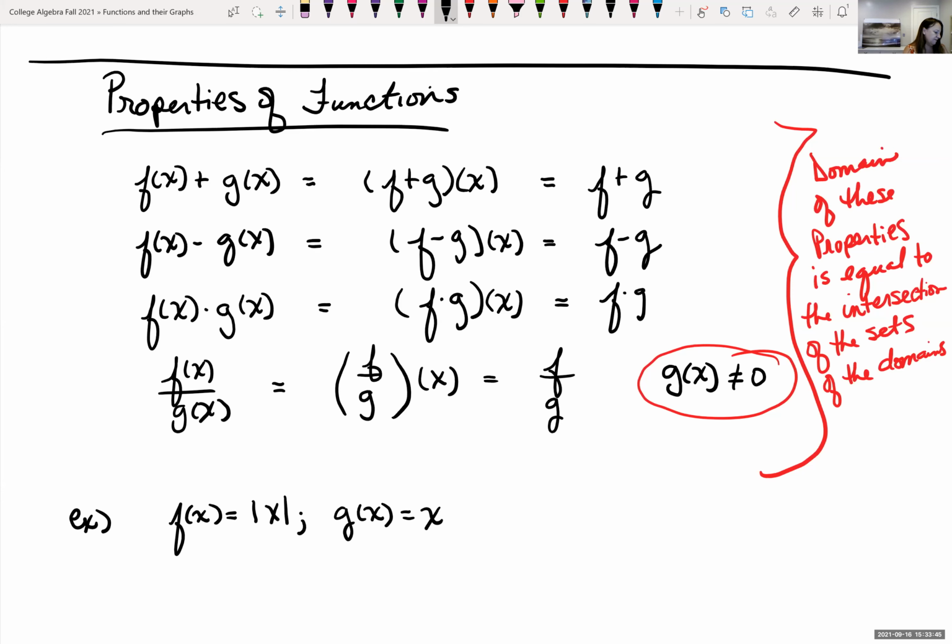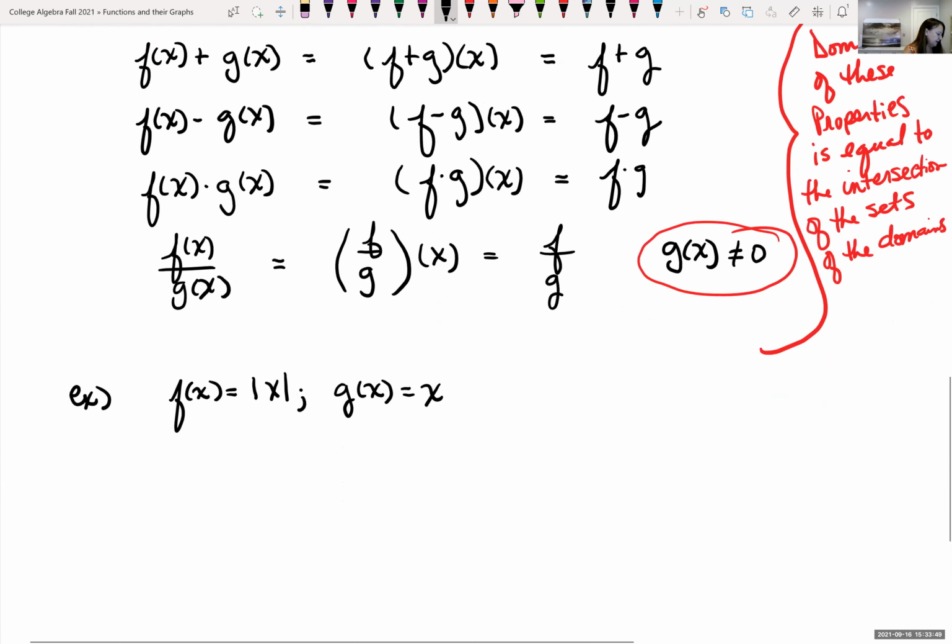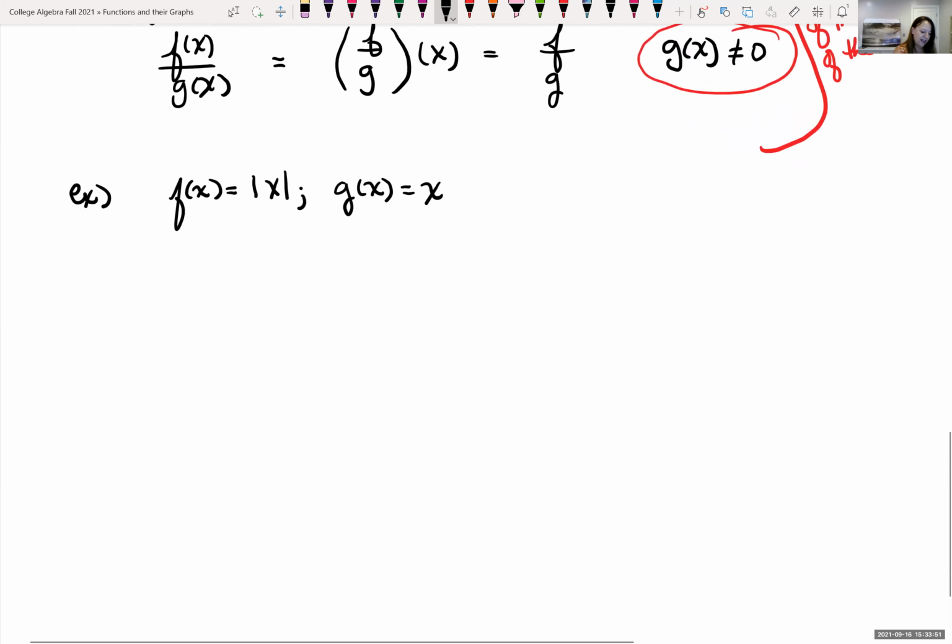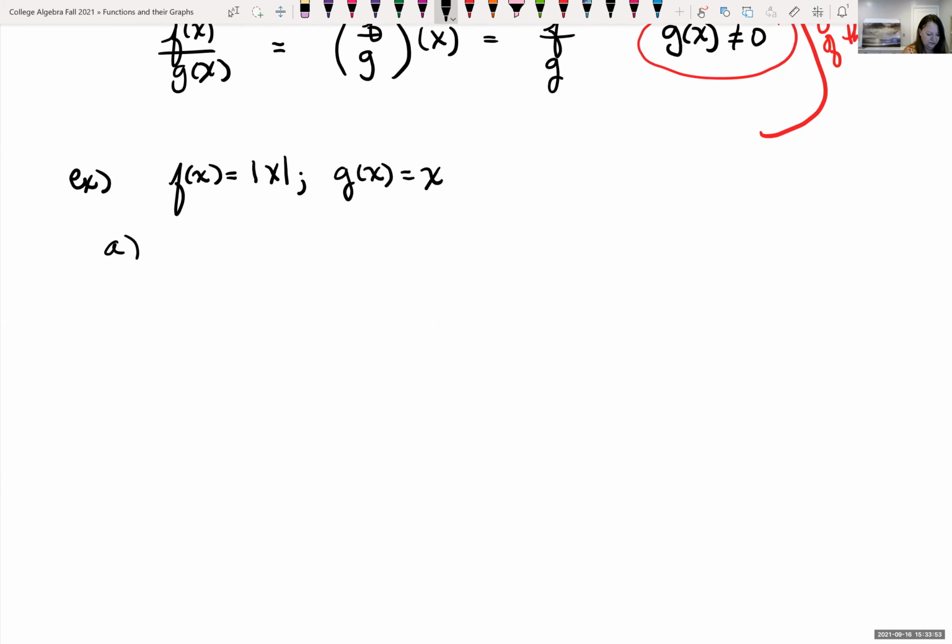So for the given functions f and g, find the following parts. Let's say for part A, this would say (f + g)(x). So that's just saying I'm taking my function f of x and adding it to my function g of x.